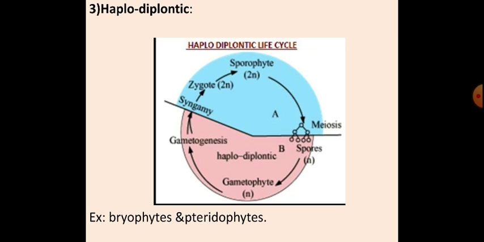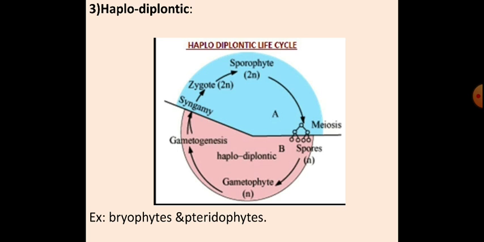Coming to the haplodiplontic, the last one, the third one. Bryophytes and pteridophytes interestingly exhibit an intermediate condition, neither haplontic nor diplontic. They are in between, haplodiplontic.